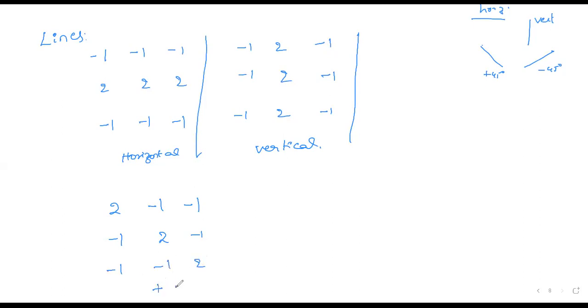This is plus 45. Next, minus 1 minus 1 2, minus 1 2 minus 1, 2 minus 1 minus 1. This is minus 45 degrees. So these are the filter masks to identify the lines.